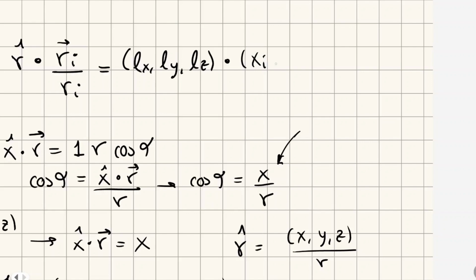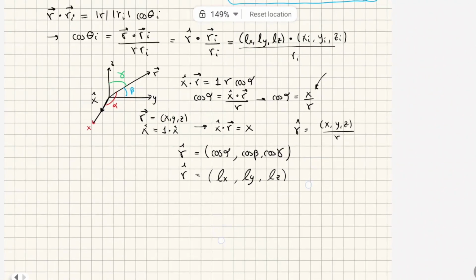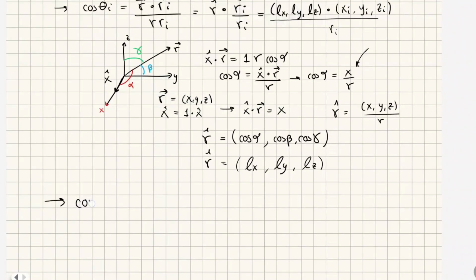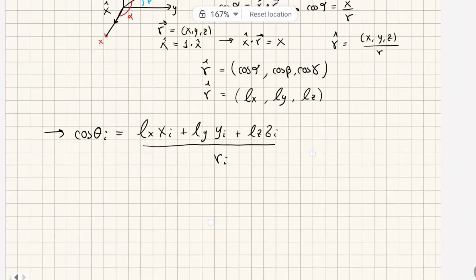We get xi, yi, zi all over Ri. Let me write this here. We get that cosine of theta i is equal to Lx times xi plus Ly yi plus Lz zi all over Ri.